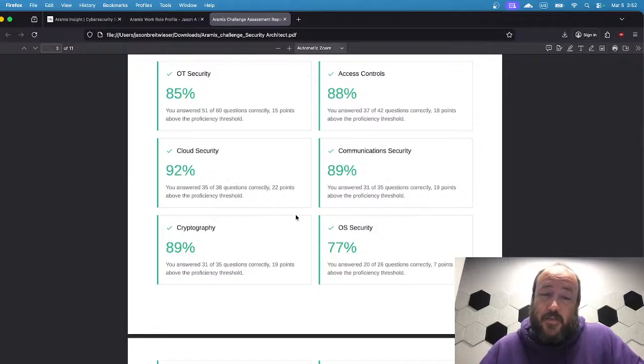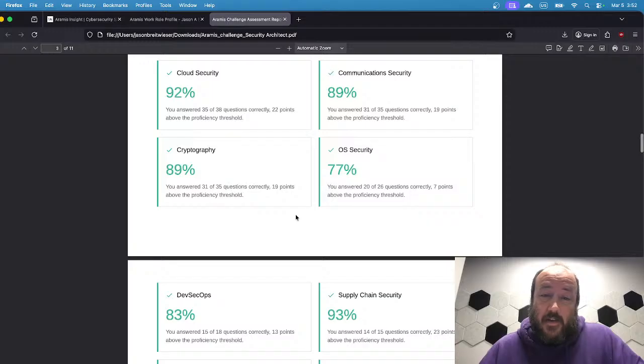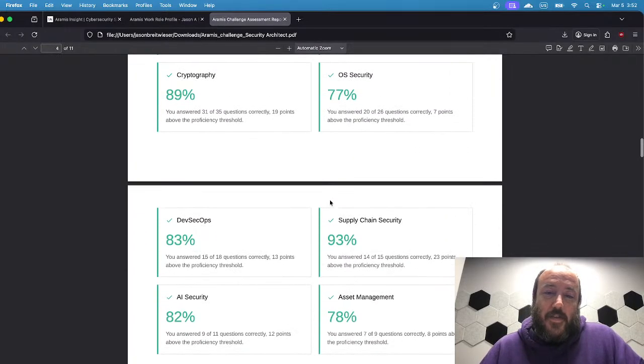Cloud security should be a very, very high score for me because I've spent much of my life integrating infrastructure with cloud and doing on-prem stuff. So, yes, working for an on-prem provider, but still having and maintaining that foot in the cloud to be able to provide resiliency. OS security, 77%.